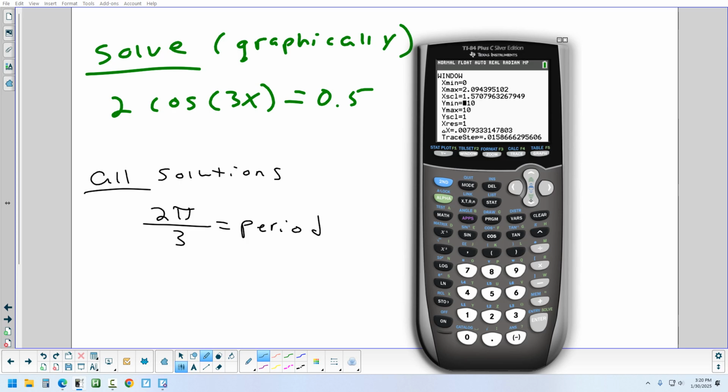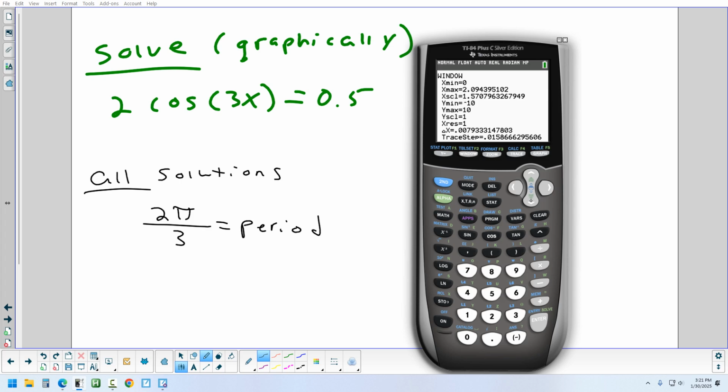We don't need to go -10 to 10 on the y. What's going to be the range of 2 cosine 3x? How high and low is that going to go? Yeah? 3, -3. No, it's not. The range won't be -3 to 3.